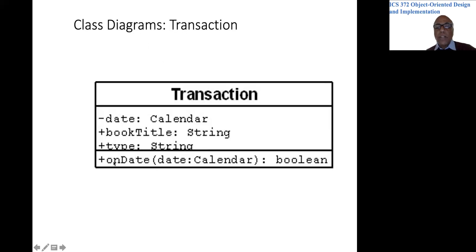And there is one method here, on date, which given a calendar object, which is essentially a date, would say whether this transaction was on that date. So suppose this transaction had the date November 15, 2019. Then if you passed November 15, 2019 as a parameter, this would return true. Otherwise, if it is any other date, it would return false.